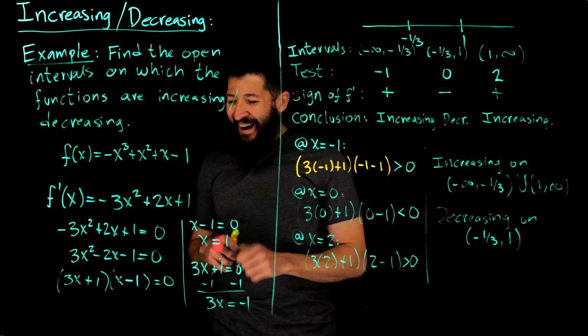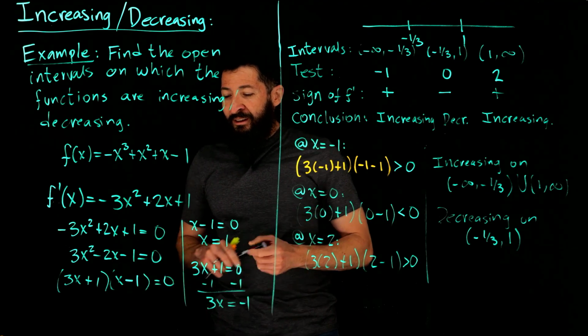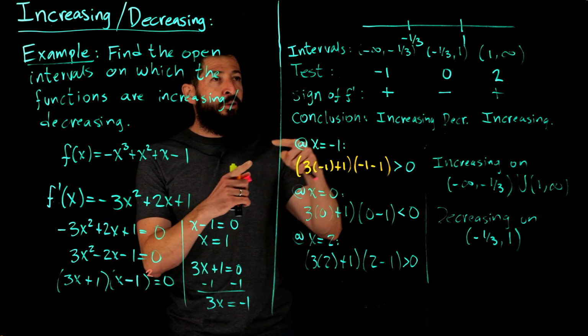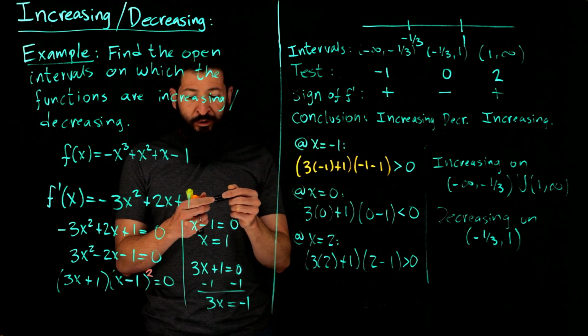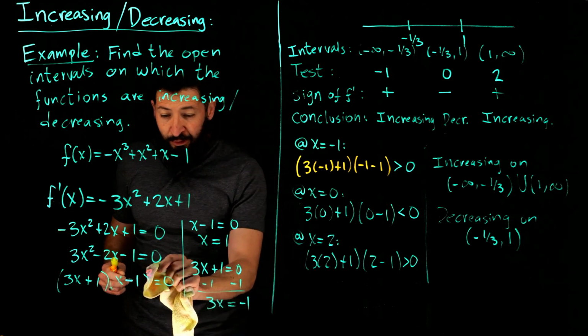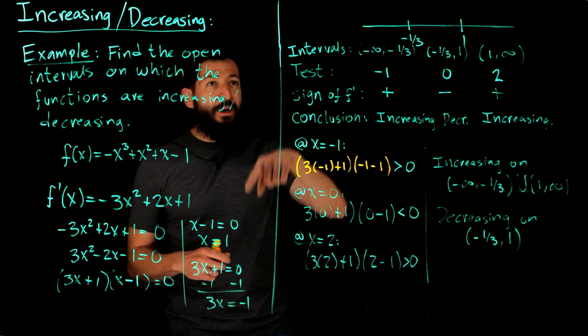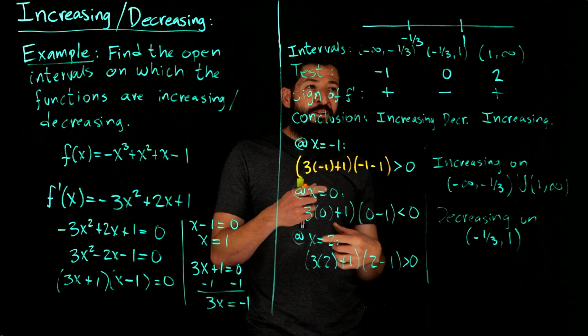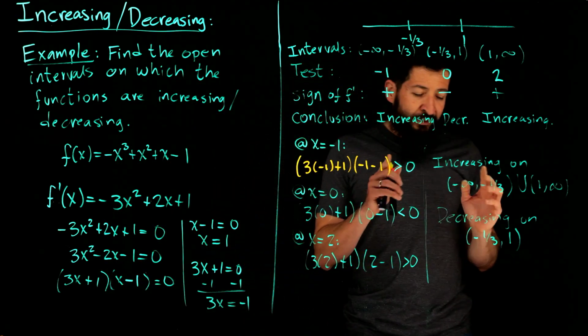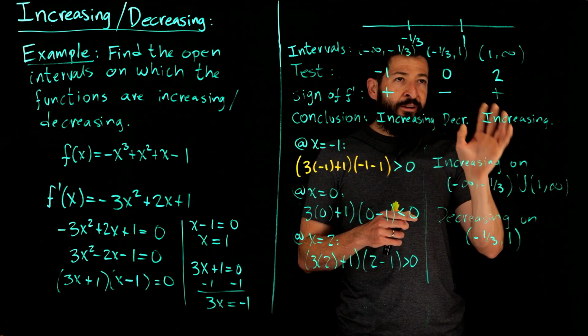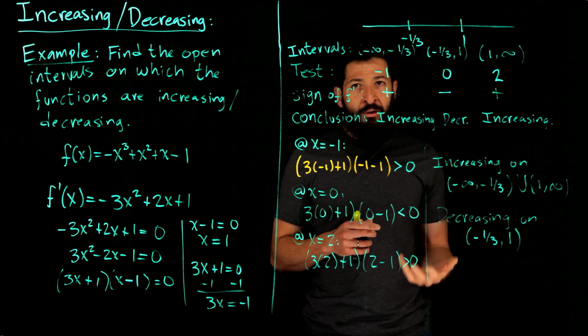But if you had an even multiplicity, let's say a 2, then the signs will not change when you go through that 0. Because remember, when you have a graph of a function, when you go through a 0 of even multiplicity, then that graph bounces off the axis and doesn't cross. So the moral of the story is it will not always alternate. It will very often alternate, but it will not always alternate.